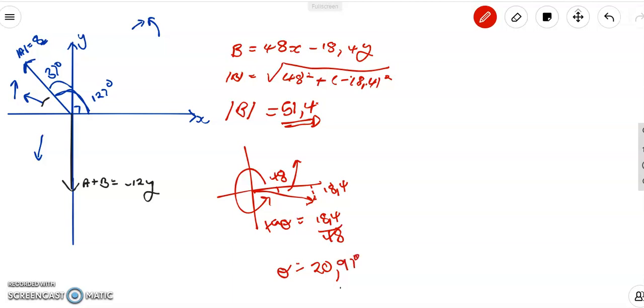But that's not the angle that we want. We want this angle, so we're going to subtract from 360 degrees, and then our direction will be equal to 284.6 degrees. Exactly.